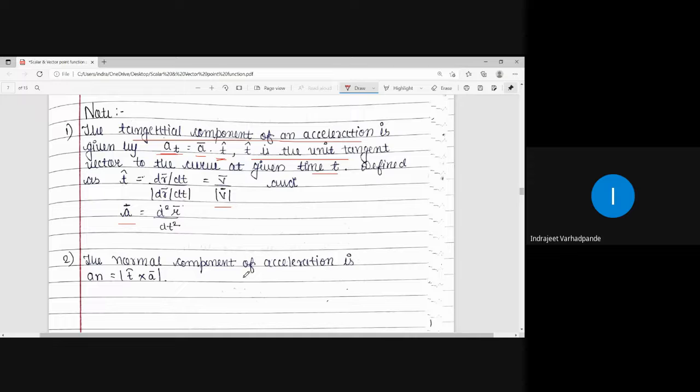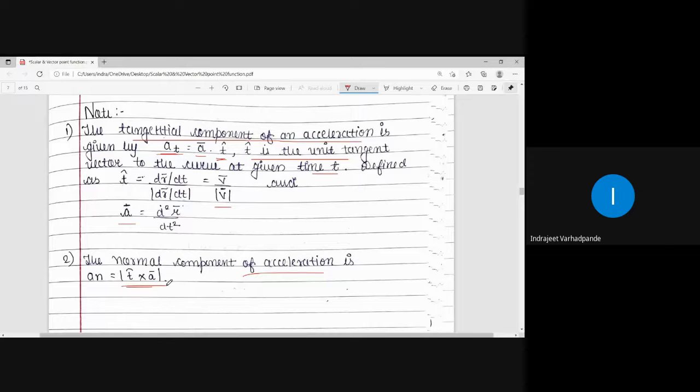The normal component of acceleration is given by an, which is the magnitude of t cap cross a bar. In a cross product, we have to maintain the sequence or the order, because the cross product is a vector quantity and it is not commutative. So I cannot write this as a bar cross t cap.